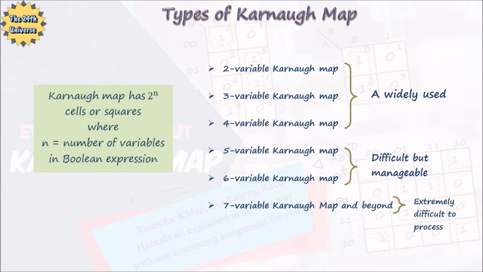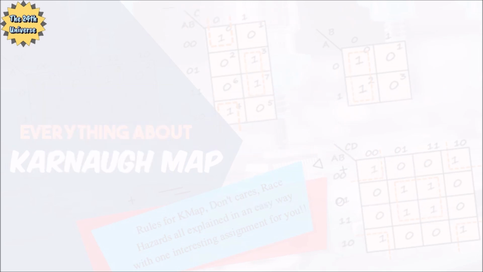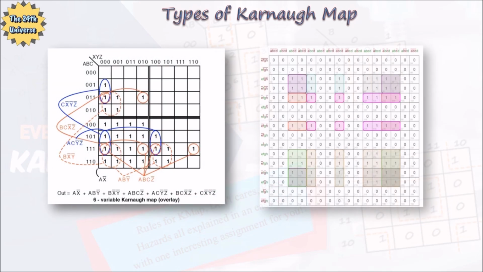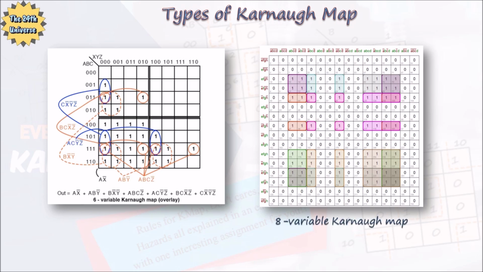The main reason Karnaugh maps are not commonly used for more than 6 variables is the exponential increase in the size and complexity of the map as the number of variables grows. For 6 variables, the Karnaugh map has 2 raised to 6, that is 64 cells, which is still manageable. However, for 7 variables, the K-map would have 2 raised to 7, that is 128 cells, and for 8 variables, it would have 2 raised to 8, that is 256 cells.